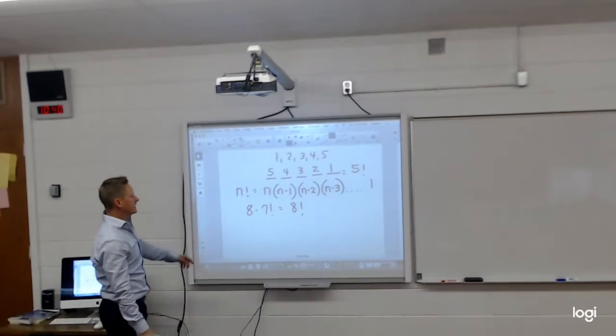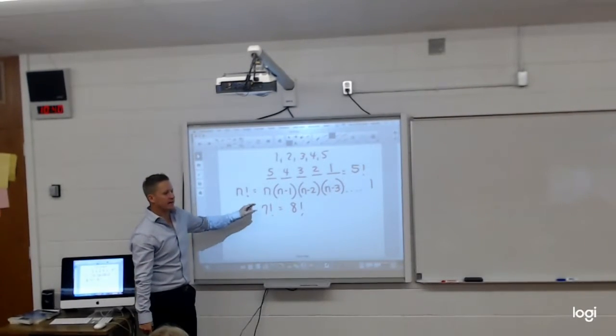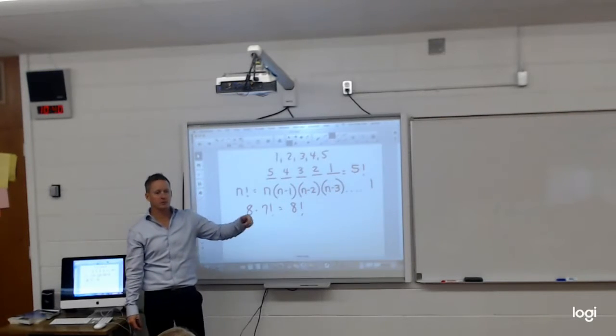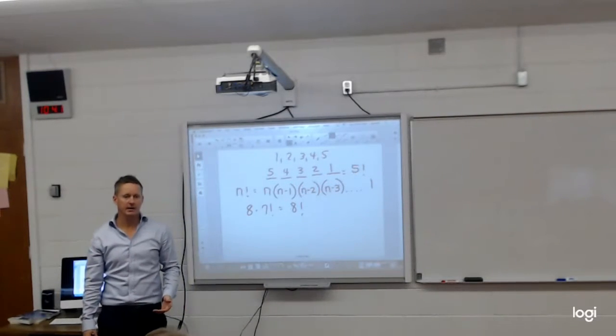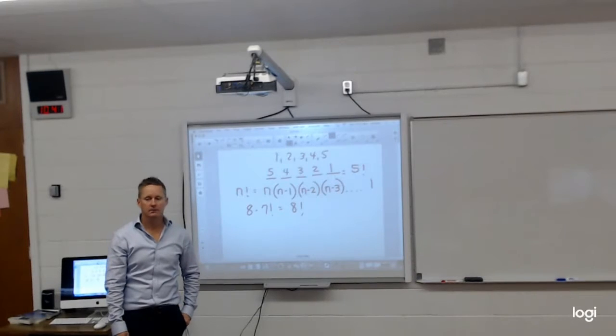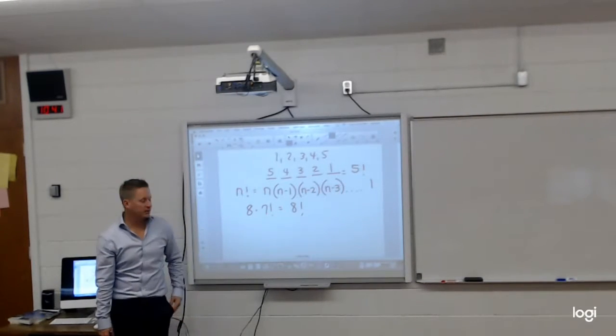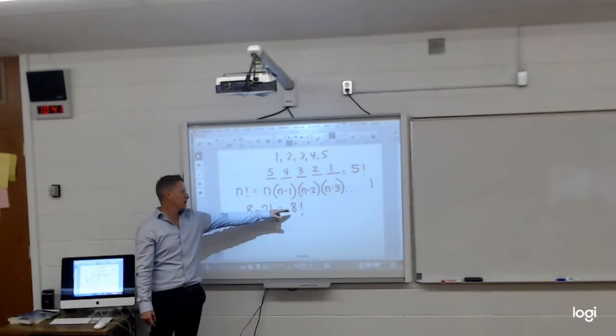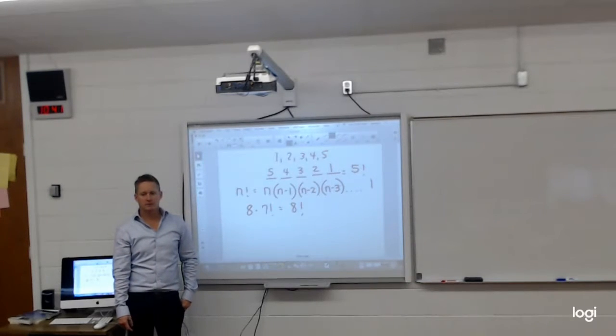If you expanded this out, you get 8 times 7 times 6 times 5 times 4 times 3 times 2 times 1, which is 8 factorial. By multiplying it by 1 more than that, it just changes it to 8 factorial.